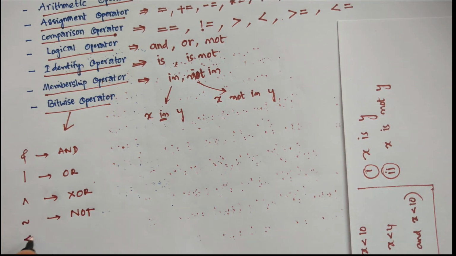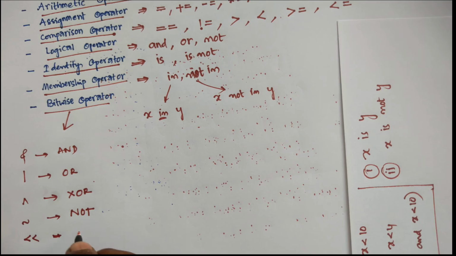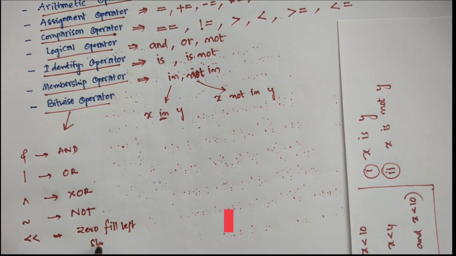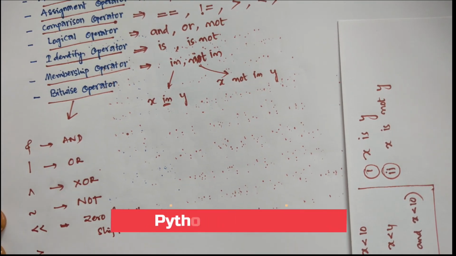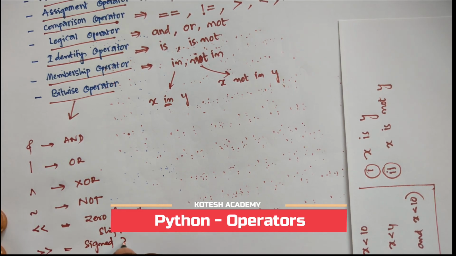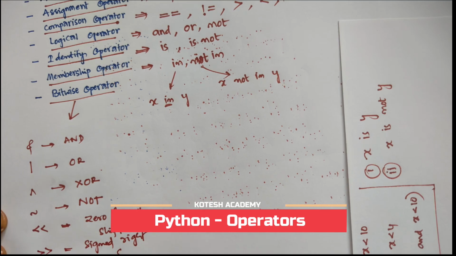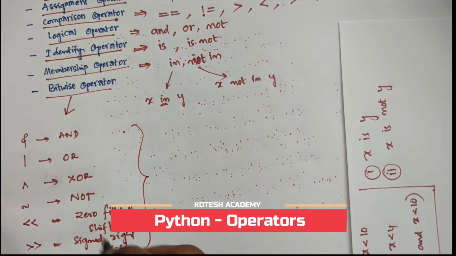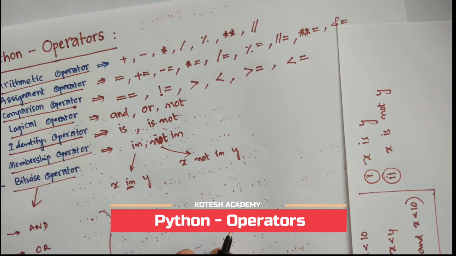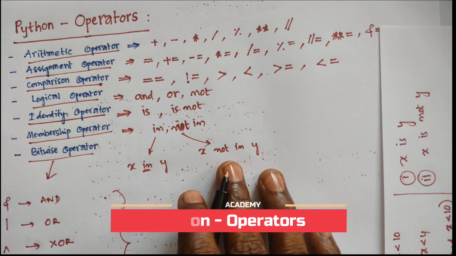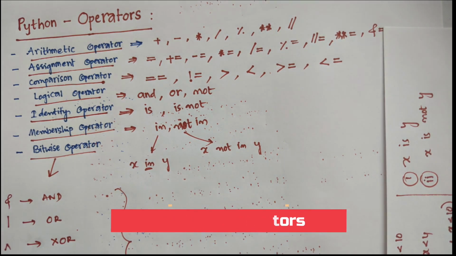Next, less than less than is zero fill left shift, and greater than greater than is signed right shift. Okay, these are the descriptions for bitwise operators. So this is the entire conclusion about the operators in Python. Okay, thank you.